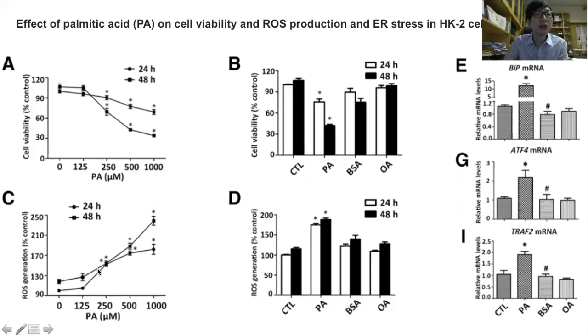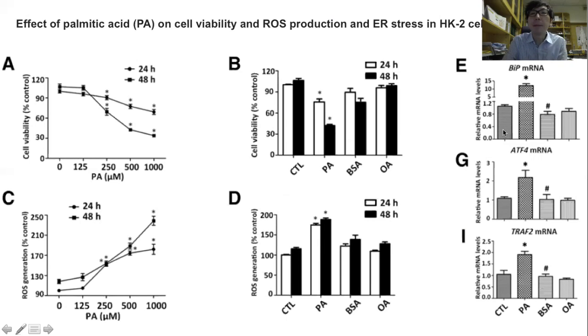There was an increase in reactive oxygen species, ROS generation, meaning an increase in oxidative stress in these cells. And here in the middle panel, you can also see the reduction in cell viability and also the generation of ROS measured in a different way.